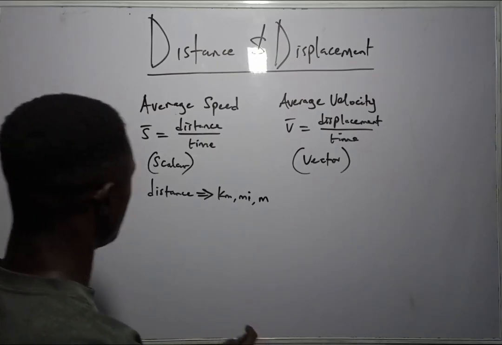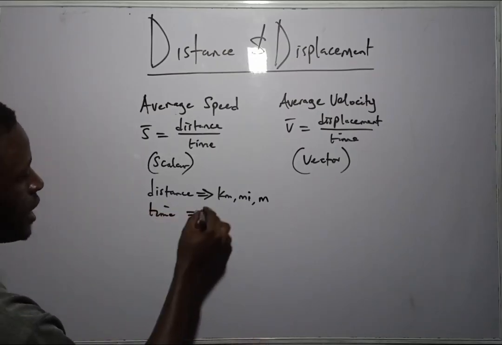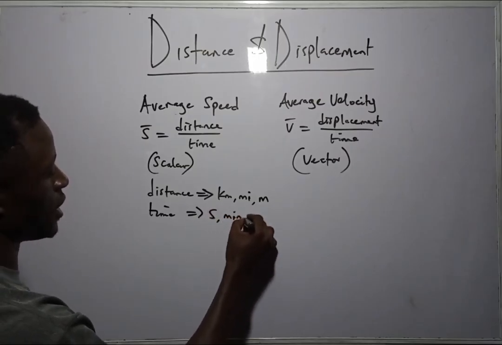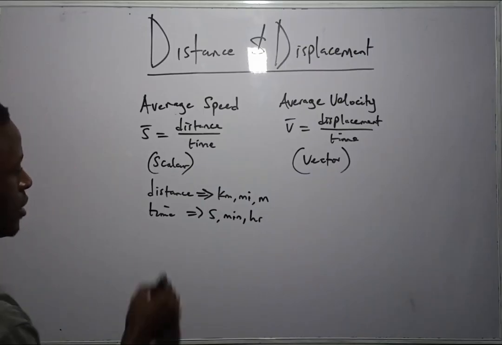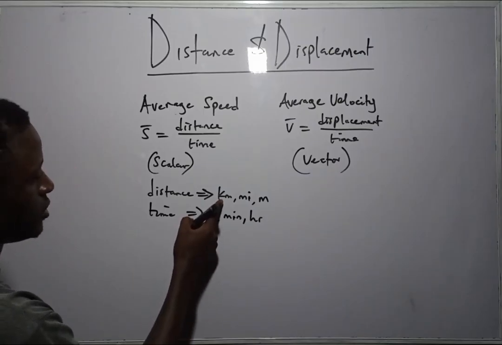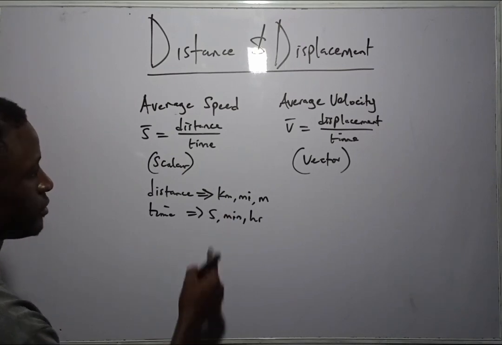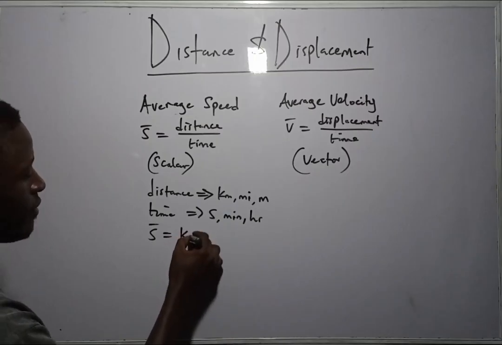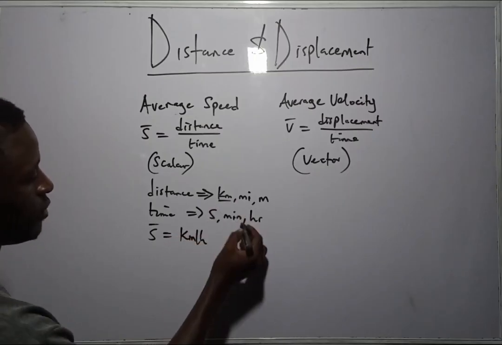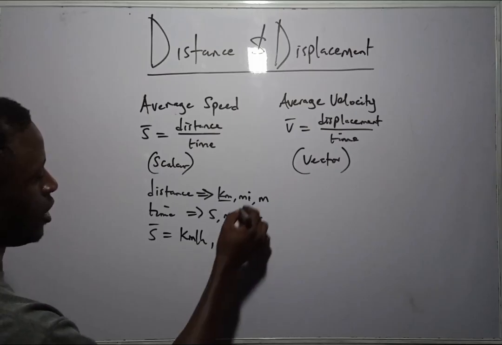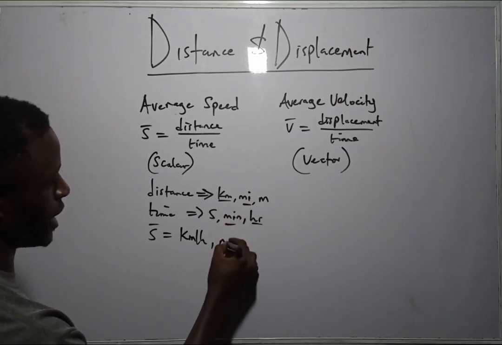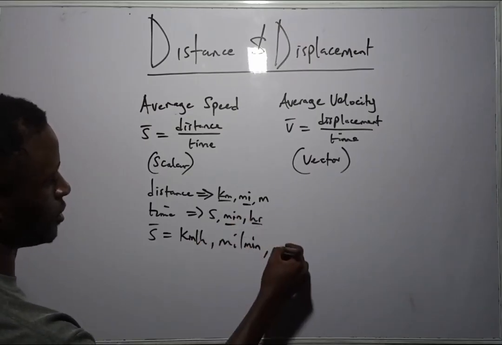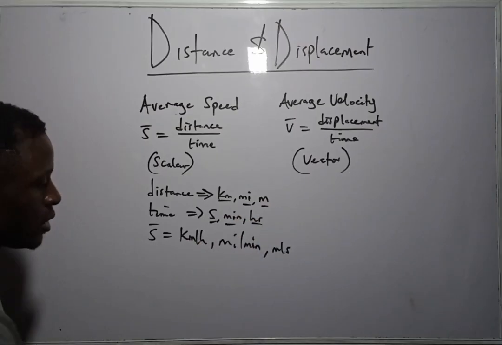And time can be measured in seconds, minutes, and hours. Therefore, depending on the unit of distance and time that you are considering, your speed is going to have kilometer per hour unit, if kilometers and hours are combined, or miles per minute, if miles and minutes are combined, or meters per second, if meters and seconds are combined.